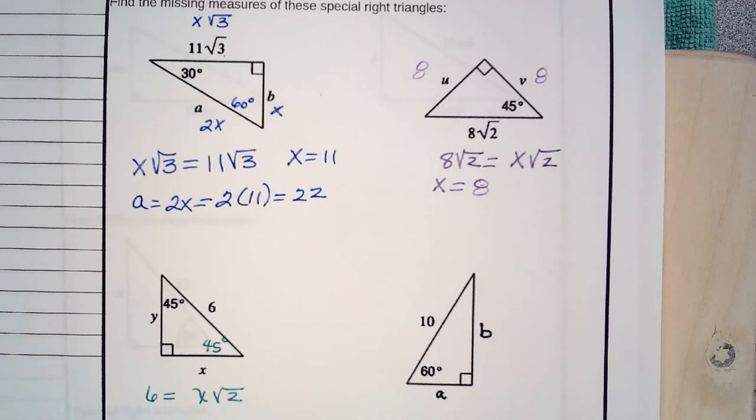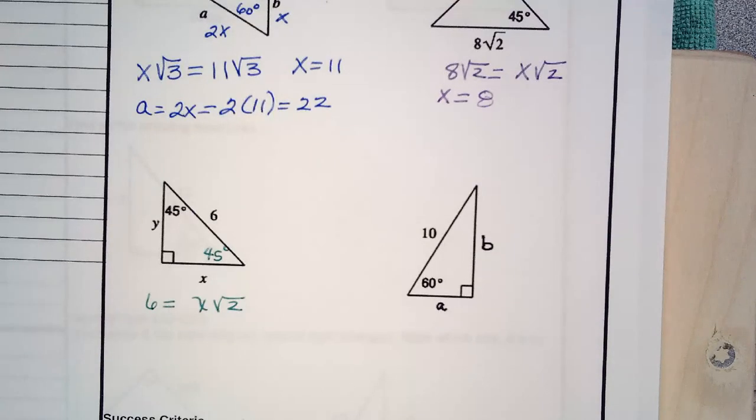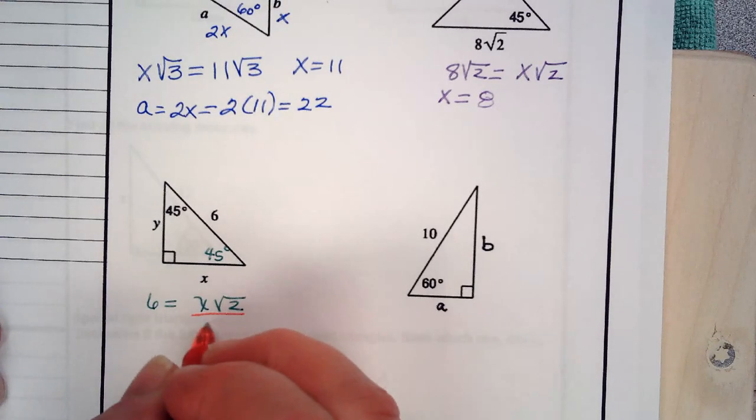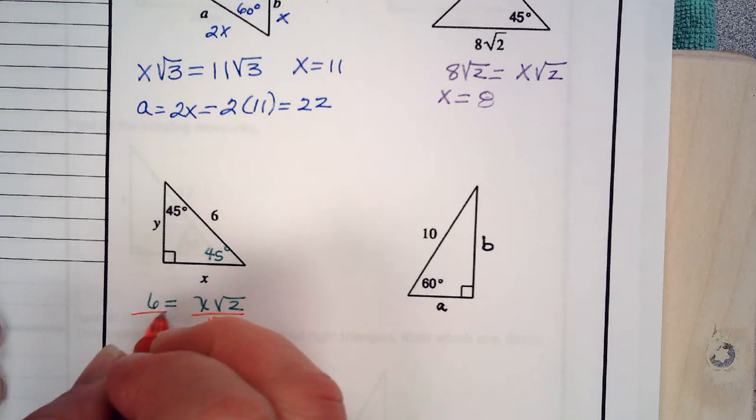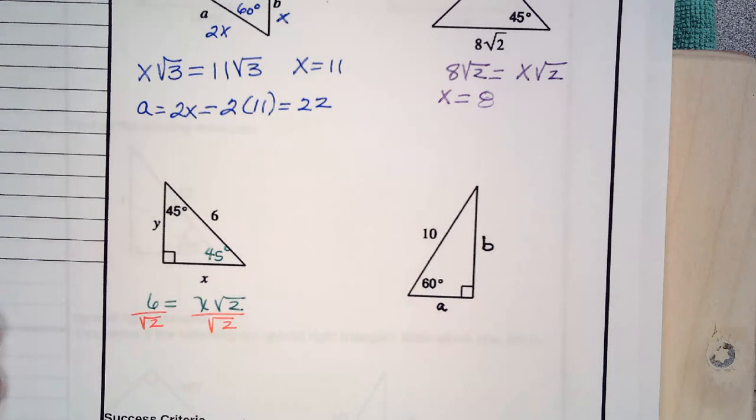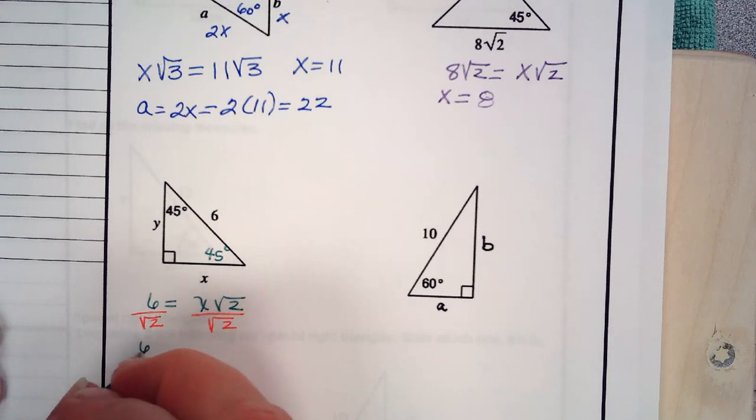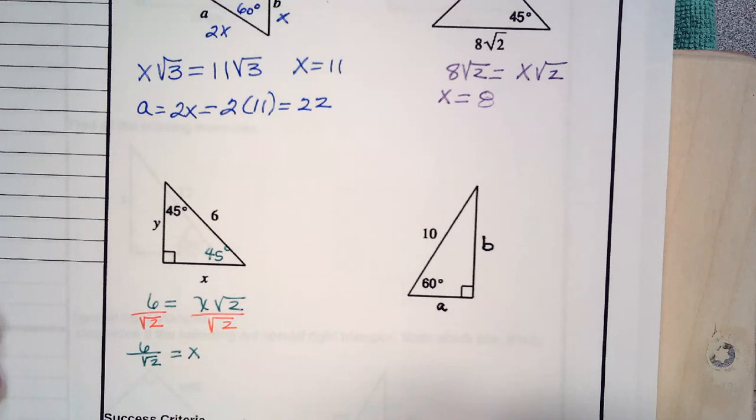I have got to solve for x. First thing I'm going to do is divide both sides by the square root of 2. 6 divided by the square root of 2 is equal to x.